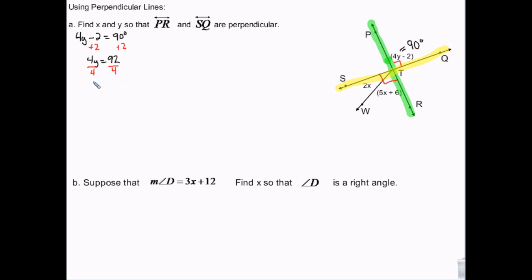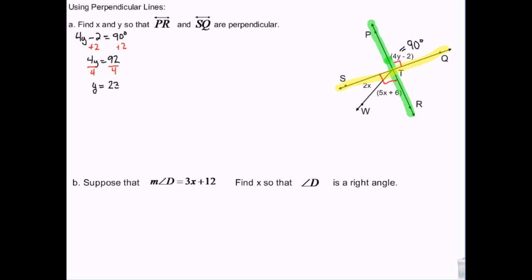And that will give us that y is equal to 23. Oh, not degrees. Since y is not the whole angle, it's not a degree. It's just the thing that will make this 90 degrees. Questions on that one?